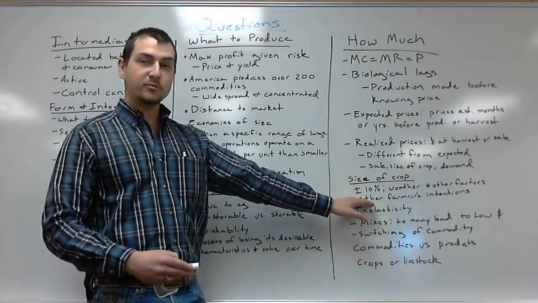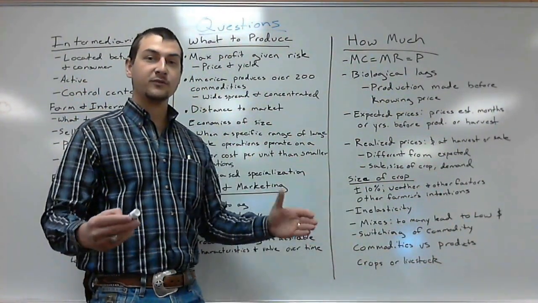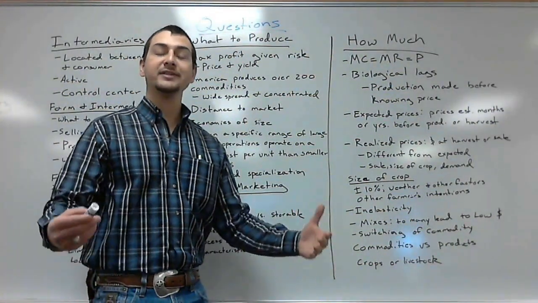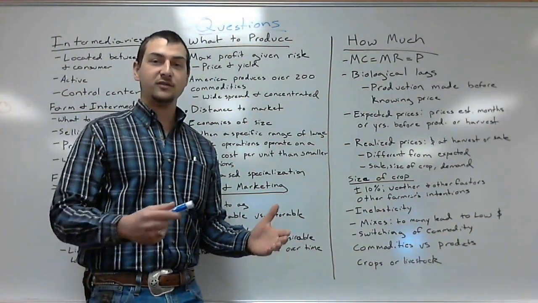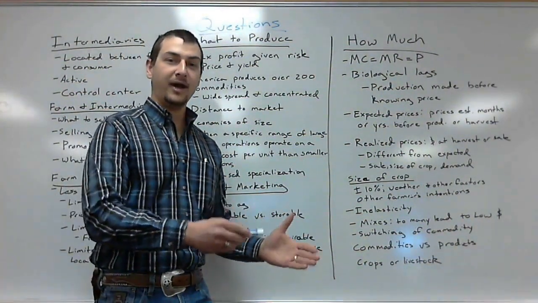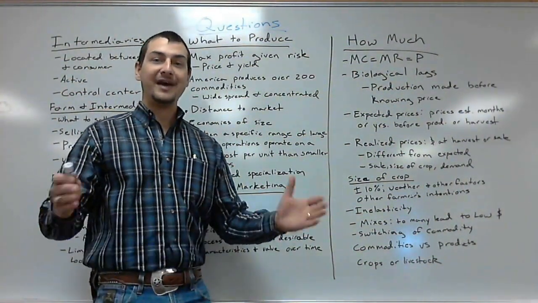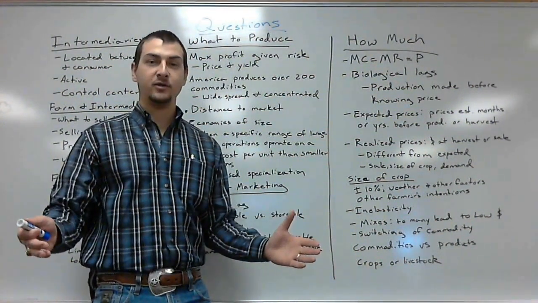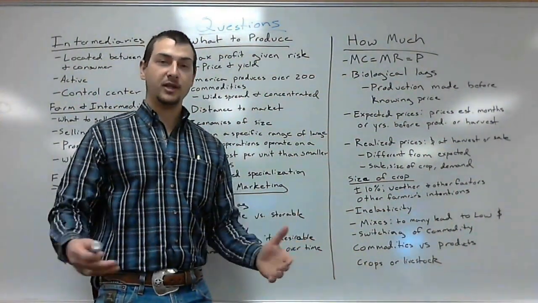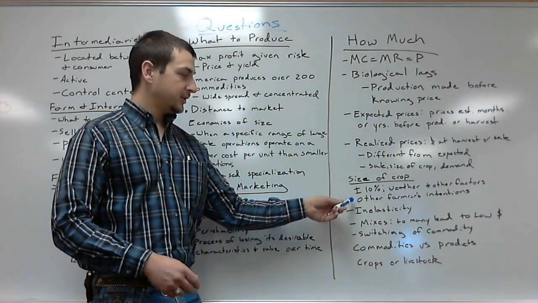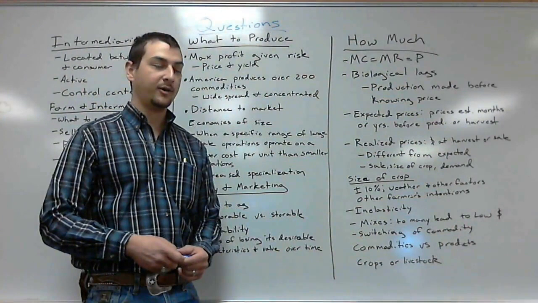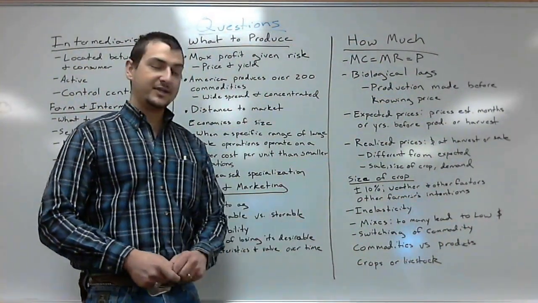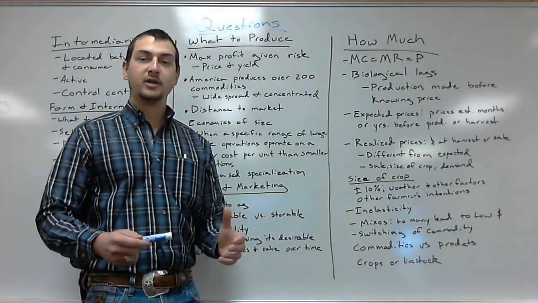So other farmers' intentions: if all the farmers are facing the same dilemma of let's all produce a lot of corn because the prices are real high, each individual farmer makes that individual micro decision, but in the macro sense, everybody planted a lot of corn. We produce a lot of corn in this particular year. These other farmers' intentions now led to an increase in size of that crop. Then we also face this inelasticity when it comes to crops.